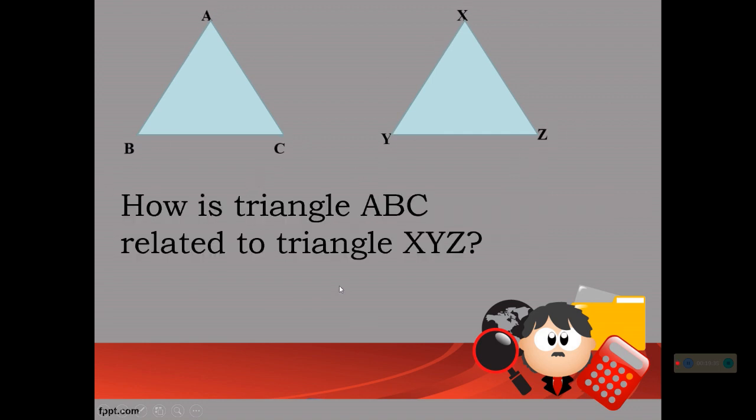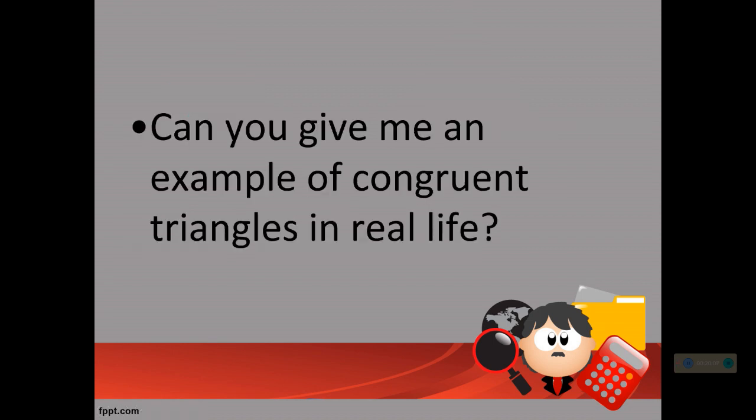So how is triangle ABC related to triangle XYZ? They are corresponding triangles. And we have to take note that congruent parts of congruent triangles are congruent. Since the corresponding angles have the same measure, they are congruent. Then the corresponding sides also have the same measure, so they are also congruent.